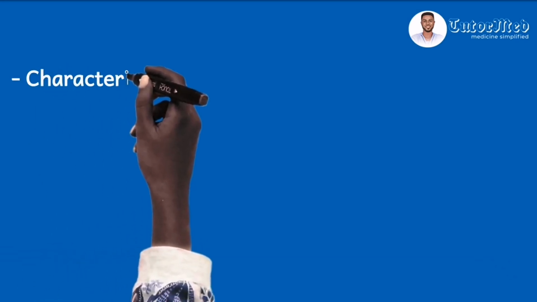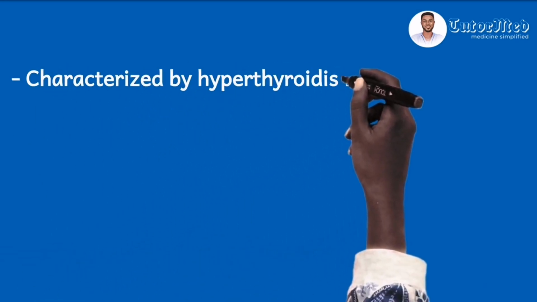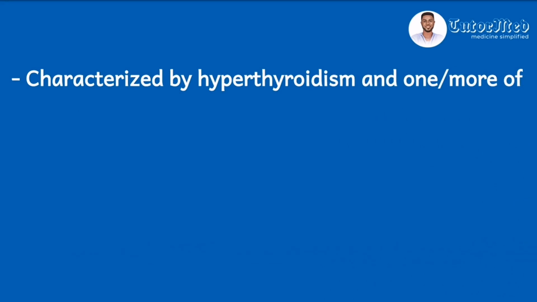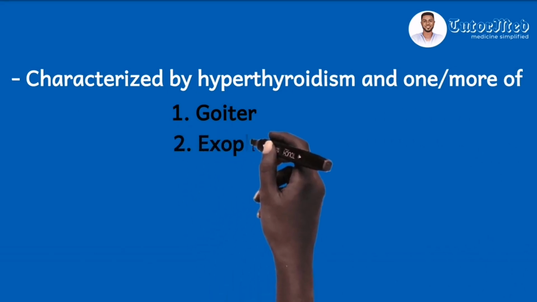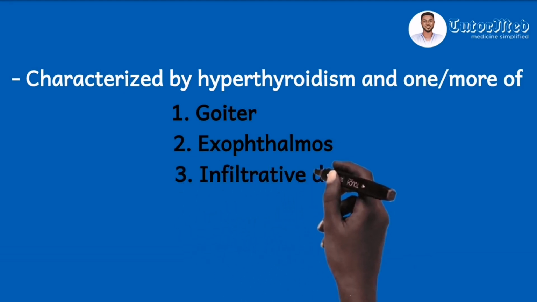Another point I want to make about Graves' disease before we move to the third question in this OSCE is that Graves' disease is characterized by hyperthyroidism and one or more of the following. Either there is a goiter and/or there is exophthalmos, or protruding eyes, and/or there is an infiltrative dermopathy.